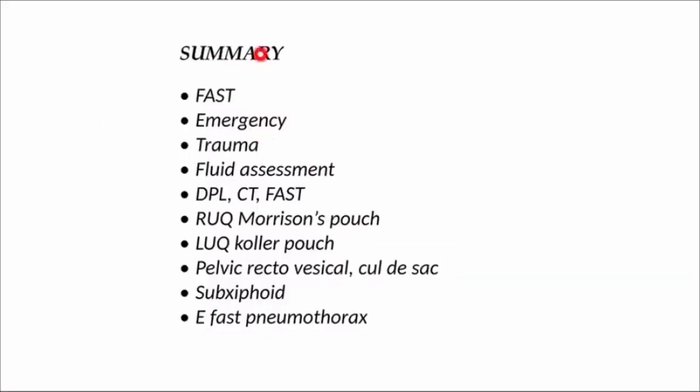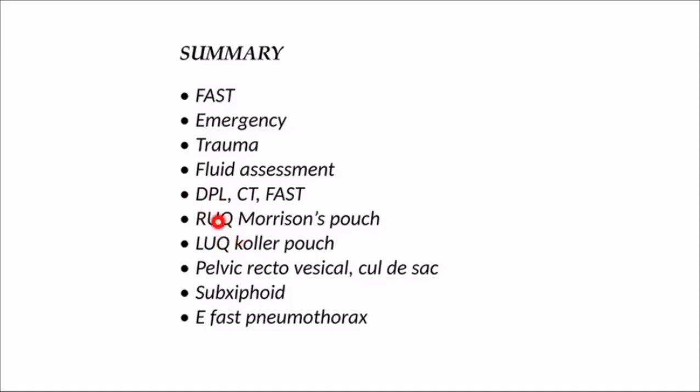So in summary, FAST is an emergency procedure done for fluid assessment in the intraperitoneal and pericardial compartments, for evaluation of blunt abdominal or stable penetrating abdominal injury in trauma. Because of its repeatability and the ease of procedure, it far outweighs computed tomography and diagnostic peritoneal lavage.